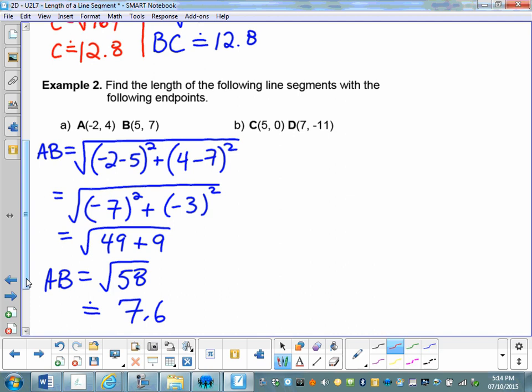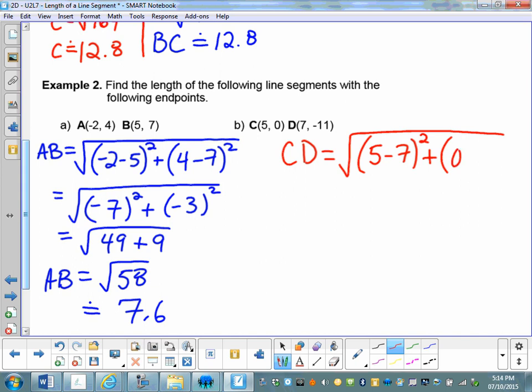And over here, if I do the same for CD, I'm going to subtract the x's, 5 minus 7 squared, and I subtract the y's, 0 subtract -11, so 0 plus 11.